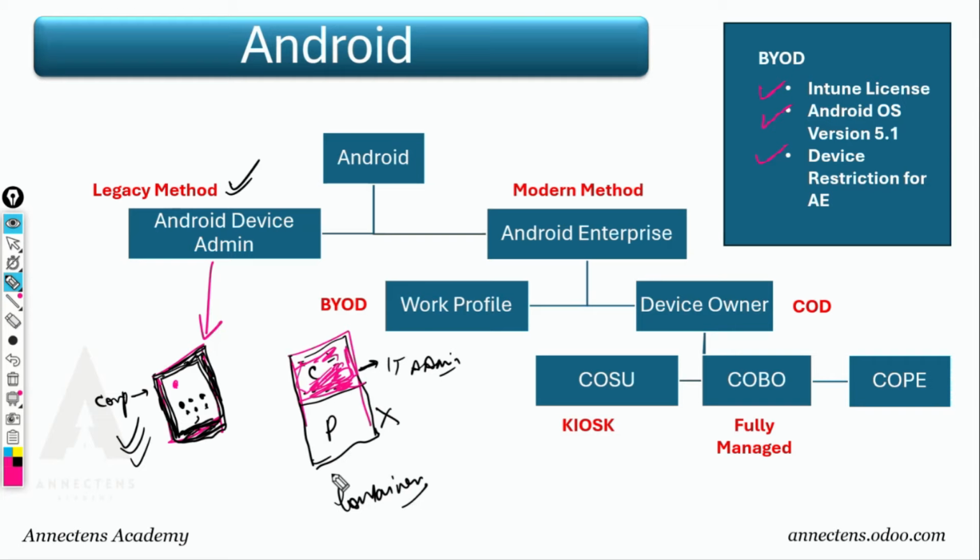This containerization is managed especially for corporate devices, or personal devices also, but we have a corporate container and we separate it from the personal container. That's why data leakage is not possible, because we have two containers set up.